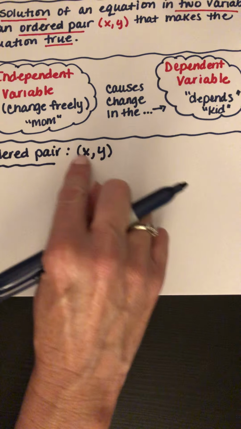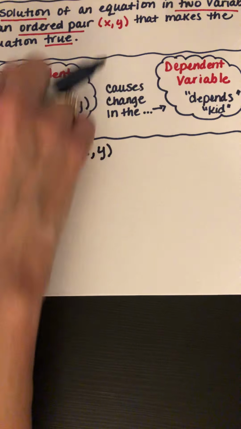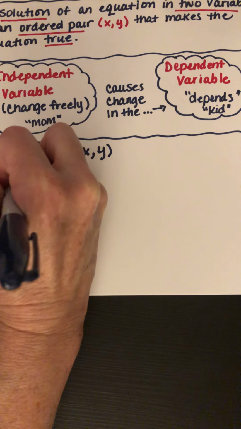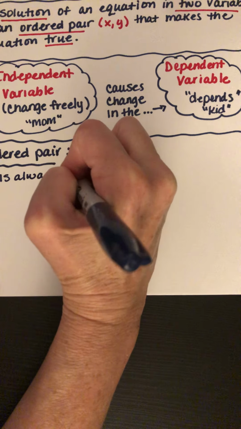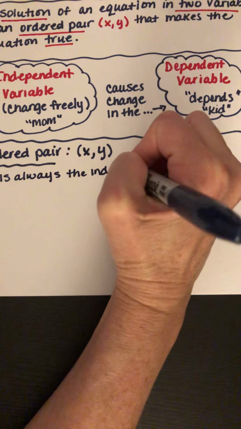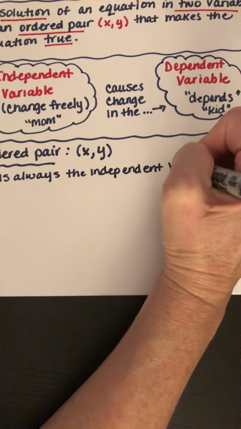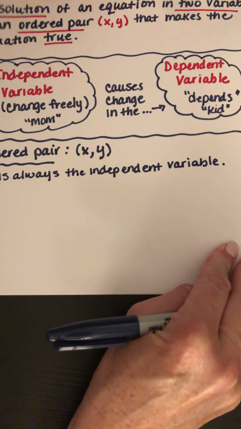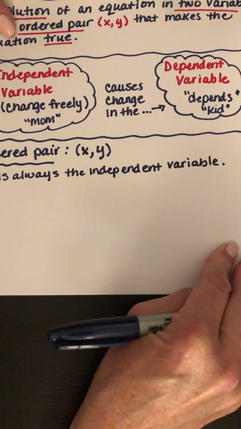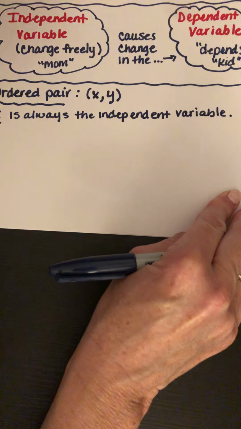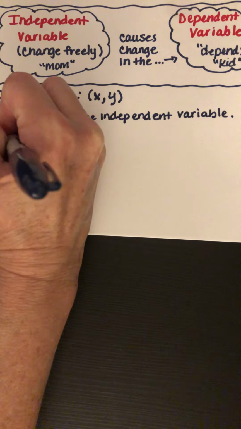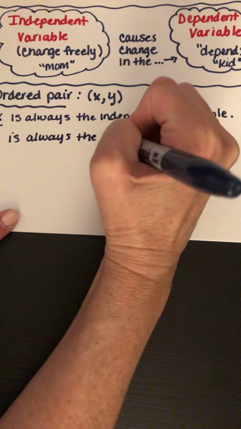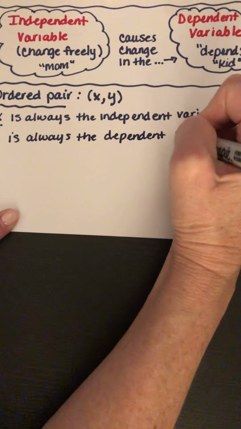Well, when we're putting these into our solution, x is always the independent variable, and y is always the dependent variable.